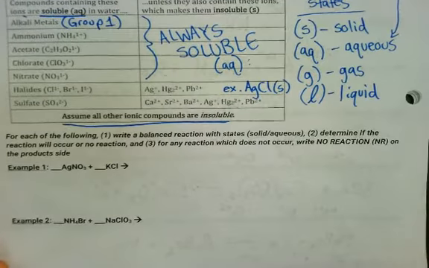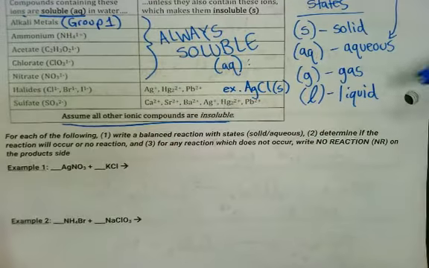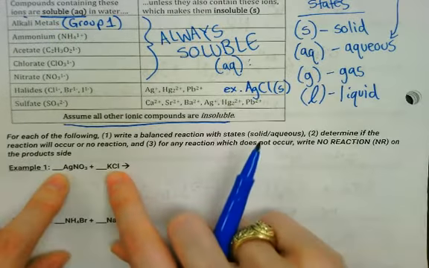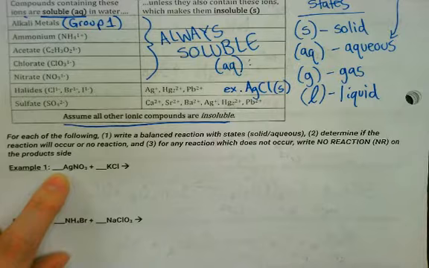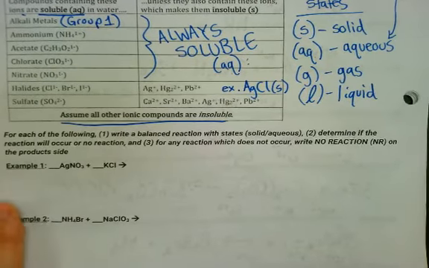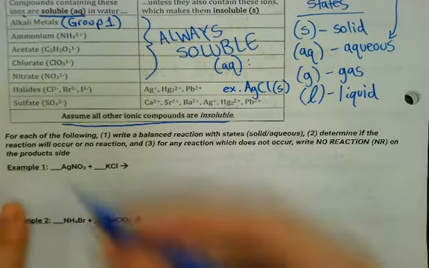Okay, so we're going to go ahead and do this first example so you can see how we apply this chart and how we determine if a reaction actually occurs. So I see in example 1, I have 2 compounds listed on the left side of my arrow with my reactants. So that tells me I need to be thinking double replacement reaction. And now I'm going to have to predict my products.